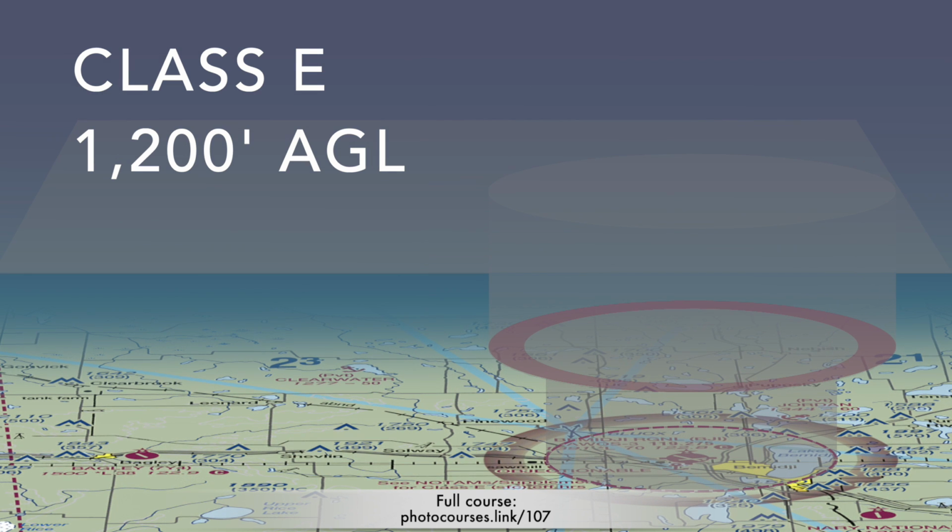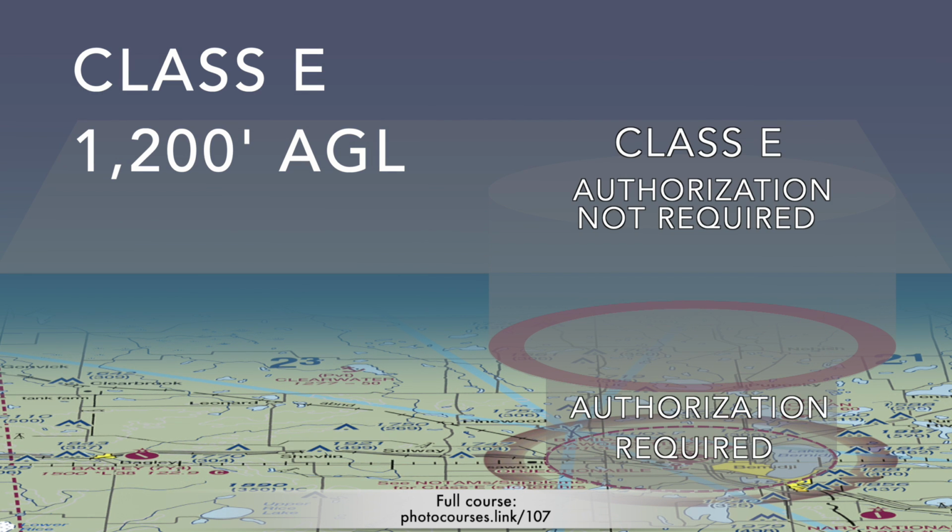The third and final type of Class E airspace is Class E airspace that starts at 1,200 feet AGL or above the ground, and there's no symbology for this on the charts. This type of airspace just starts everywhere where there's nothing else. And when we were talking about Class G airspace, I said that you're always going to have controlled airspace above you, even if you're in the middle of nowhere. You're going to have Class E controlled airspace starting at 1,200 feet above you.